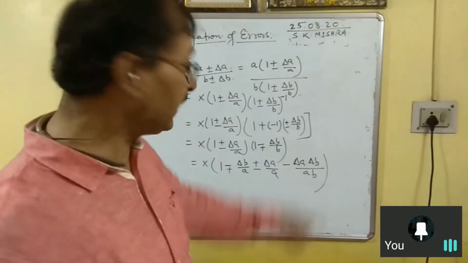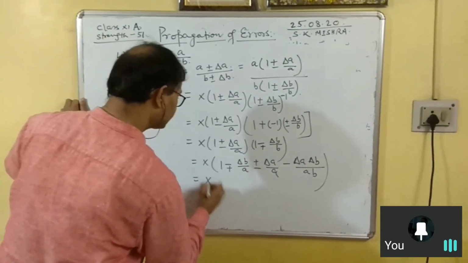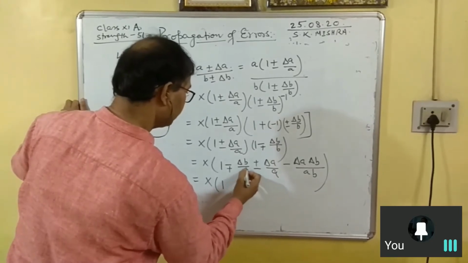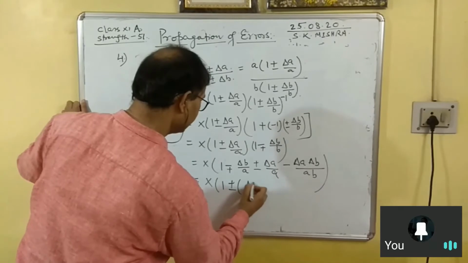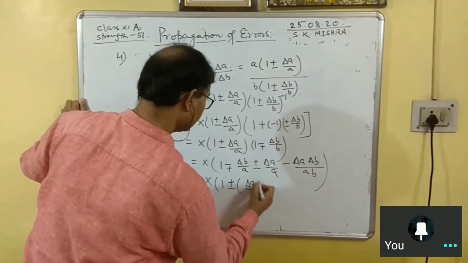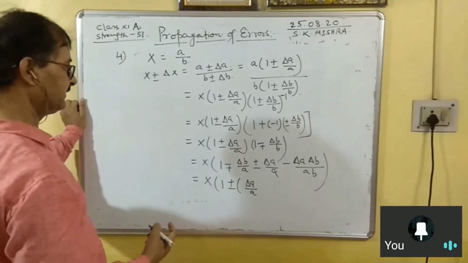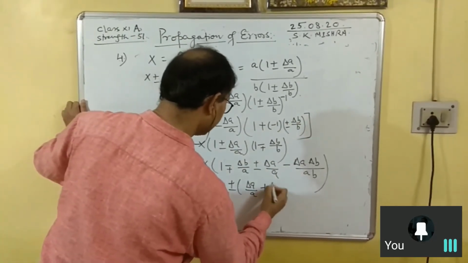So you can ignore this part. You are left only with x and then 1 plus minus, just take common, delta A by A plus delta B by B.